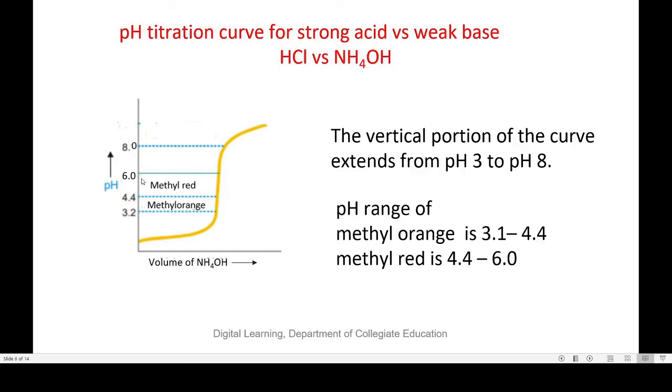So in this case of titration, we can use either methyl red or methyl orange as indicator. In this way, for any type of titration, with the help of the pH titration curve, we can choose a suitable indicator which shows a color change in a definite pH range.